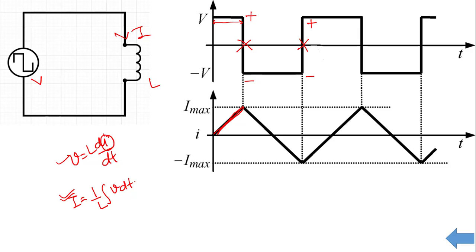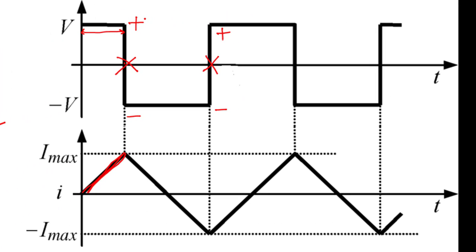At this point, the voltage has changed from positive to negative, but current will not change instantaneously from positive to negative. It will take some time, because like I told you, the inductor will oppose the change. Current cannot change instantaneously in an inductor, so it will change after some time. It will take this much time to change the current from here to here, and this time will depend on the value of inductor.